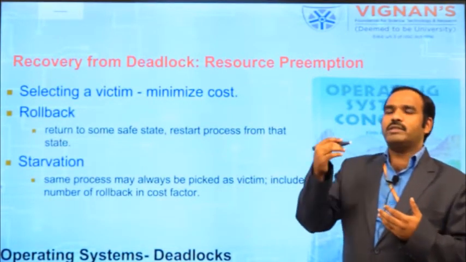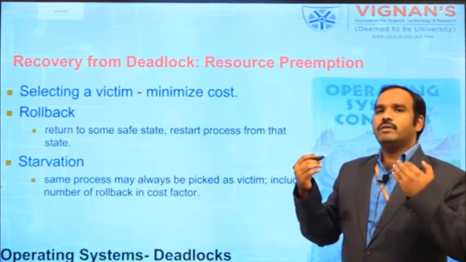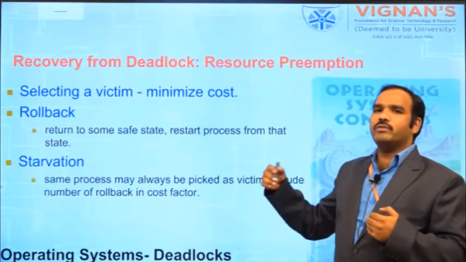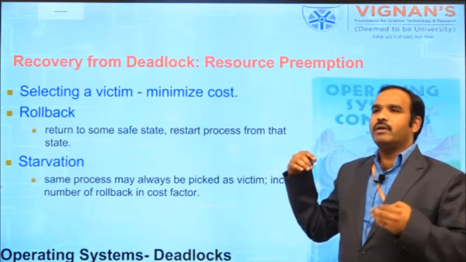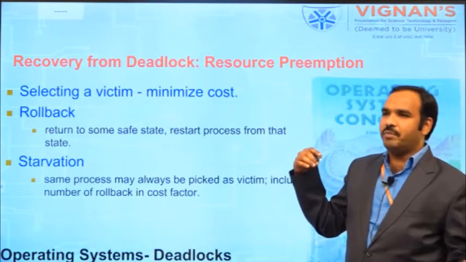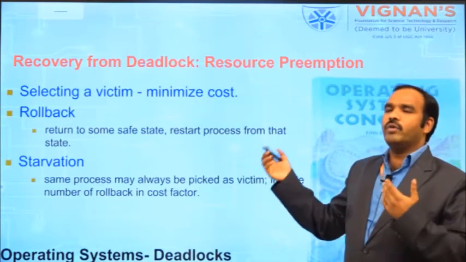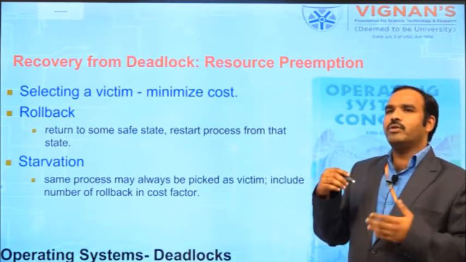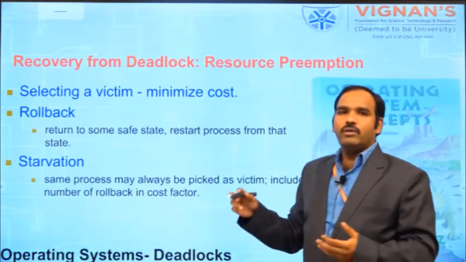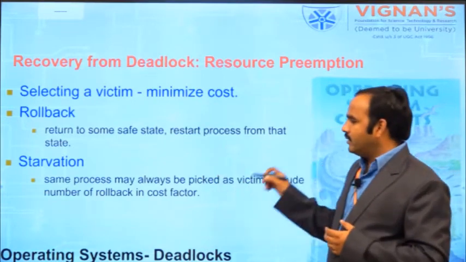The printing stops in the middle of the paper. So whenever we take the resource away, you have to save the previous state, probably the previous page, and then you can continue, or give that resource to a higher priority process. This is the way to manage deadlock in the operating system.